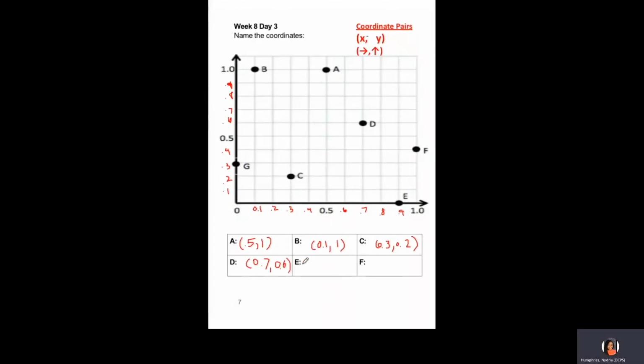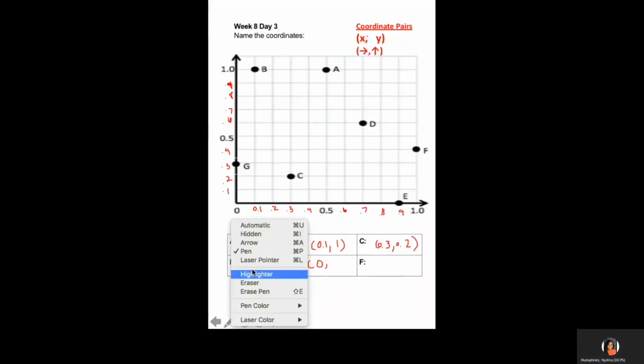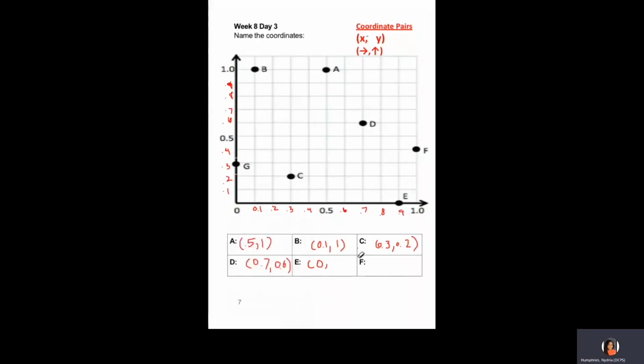All right, let's look at E. Here's E. We go across our x-axis because x is first. So x is 0. I'm sorry. X is 9/10. So let's erase that. And it's easy to make those mistakes.